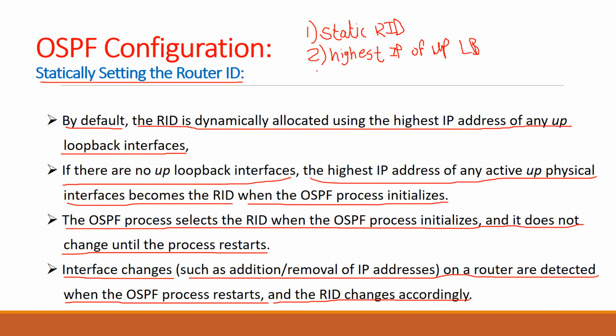If no loopback interfaces are up, then the third option will be the highest IP of an up physical interface.